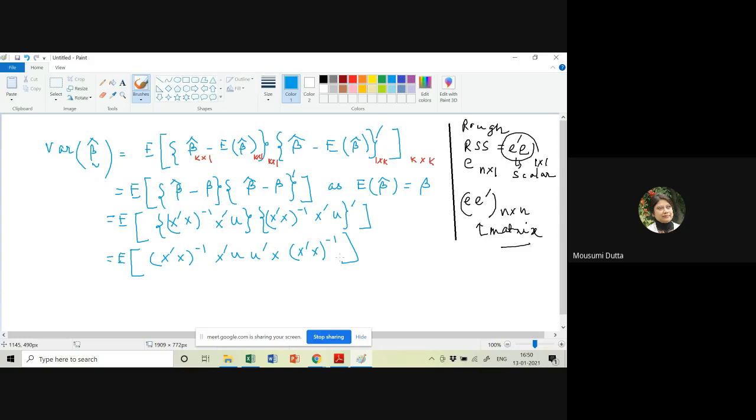If you take the transpose of x prime x inverse, you will not be able to tell which one was the first x and which was the second x, so you will get (x prime x) inverse back. So we are at this position: (x prime x) inverse x prime u, u prime x (x prime x) inverse.